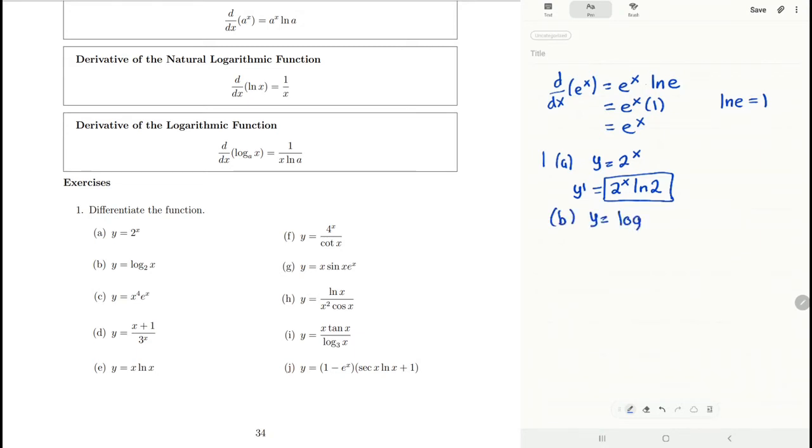In the next example, we have log base 2 of x. So now applying the derivative of log base 2 of x, we have 1 over x times the natural log of 2.